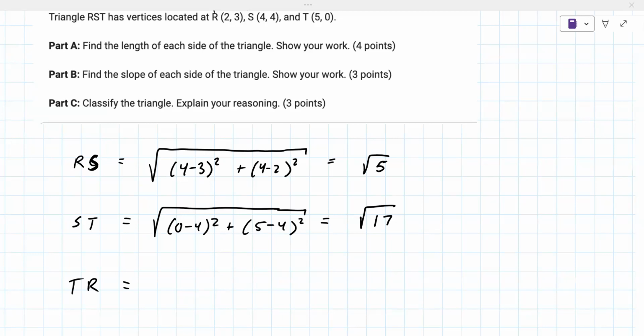And the square root of 18. So it is the square root of 18.